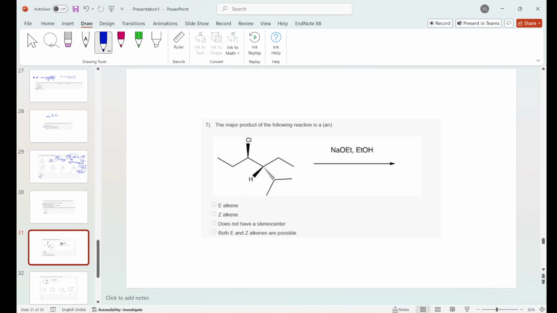Next question is the major product of the following reaction. So you have a base out there, and so in this case you draw it here, proton and Cl on the same side. So this is not a favorable conformation for the elimination. So it has to rotate.